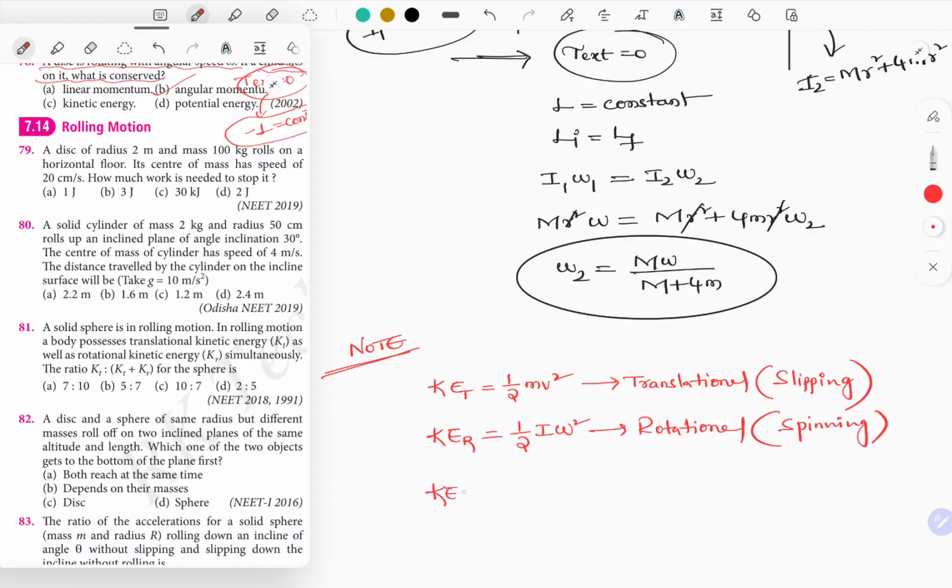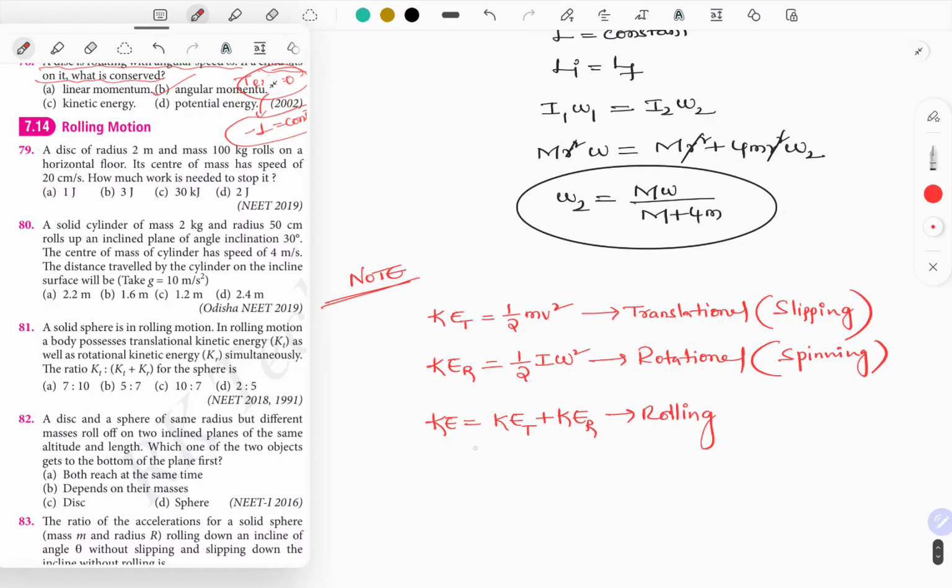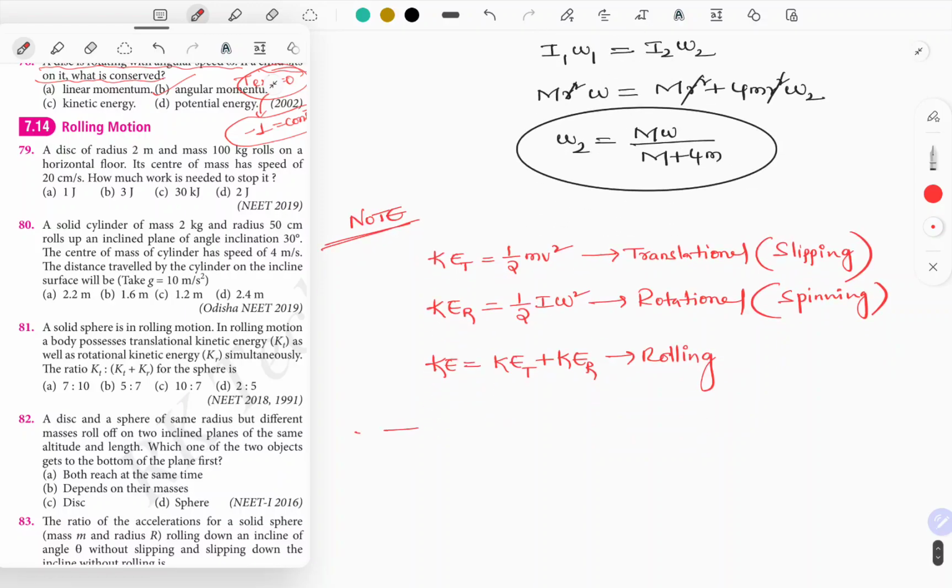In rolling motion, total kinetic energy is equal to translational kinetic energy plus rotational kinetic energy, which is called rolling motion. Okay. And one more point that we need to understand is radius of gyration. That is k is equal to root of I by m. Remember this formula. Based on this only we are going to solve numericals. This is the radius of gyration.